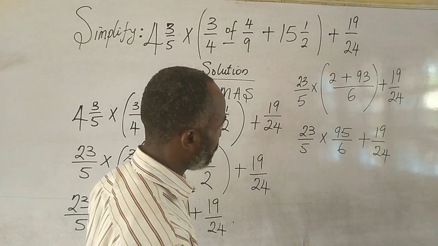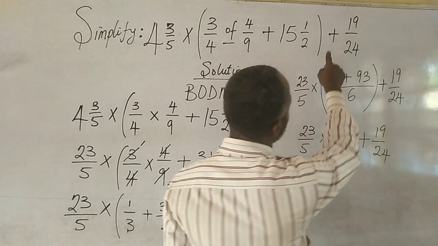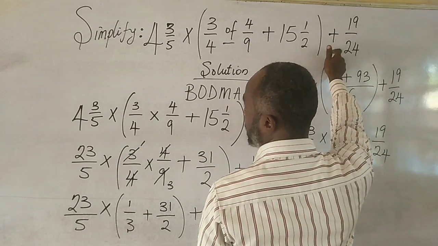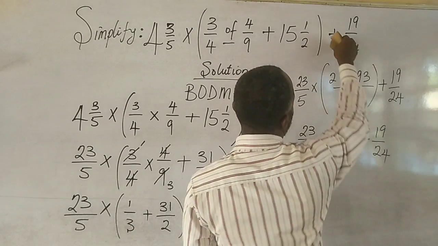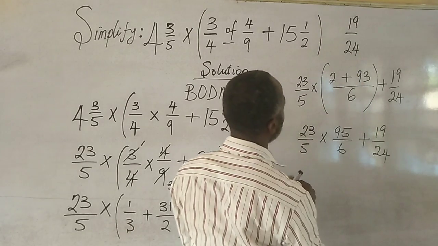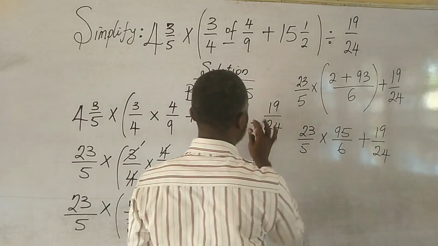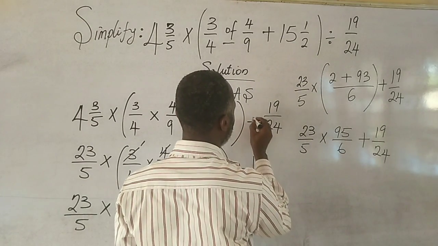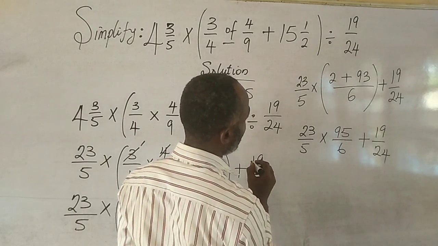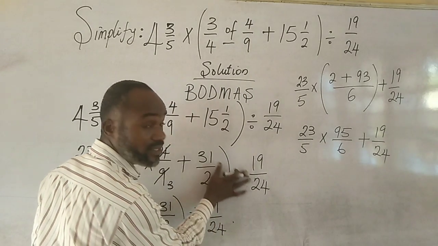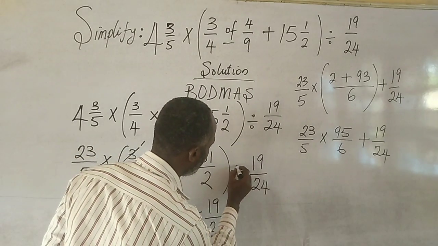Because if it is division, let's check this sign. This sign should be division, not plus. We need to effect changes where necessary. This is division, okay? Division, not plus sign. I'm correcting it immediately.